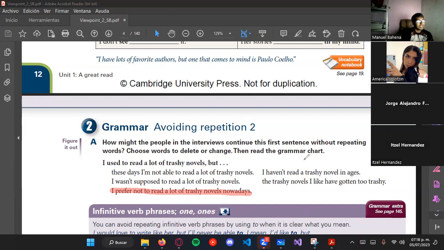So, how would you change this one? How would you avoid repeating here? Itzel, how would you avoid repeating yourself here?